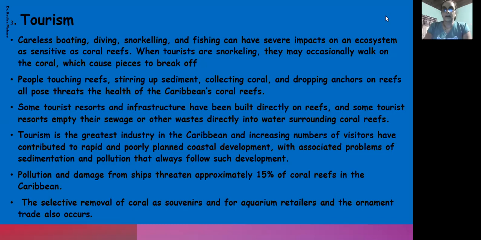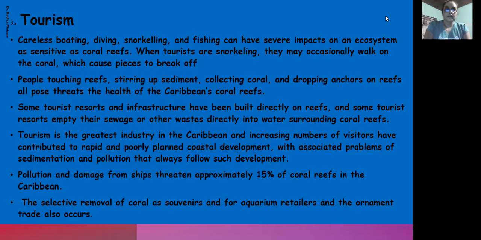And when that happens, when you have hotels and all this coastal development, it leads to sedimentation and it leads to pollution. And pollution could damage the reefs. It is estimated that approximately 15% of coral reefs in the Caribbean are damaged from pollution from ships.